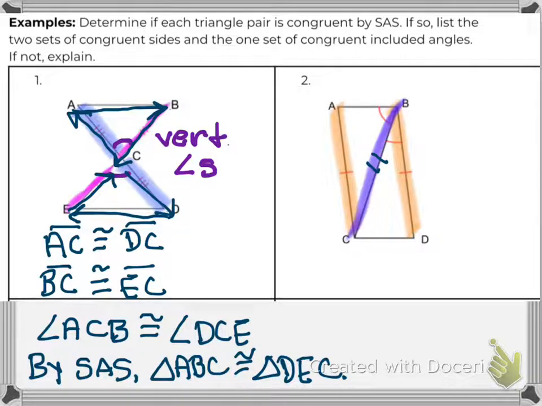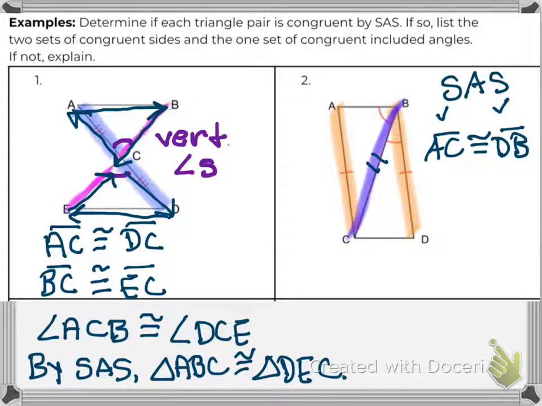Now, in order for me to use side, angle, side, I've got the two sets of congruent sides. I've got AC is congruent to, let me write this out, DB. And I've got that BC would be congruent to itself.